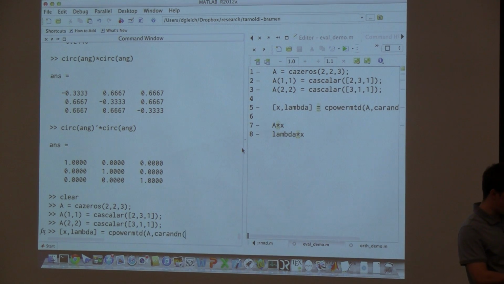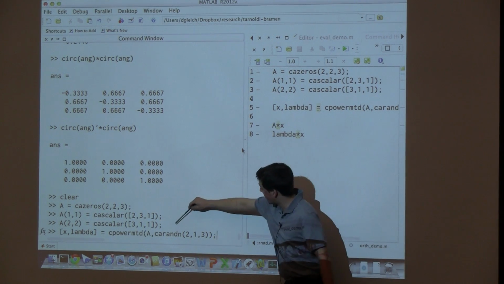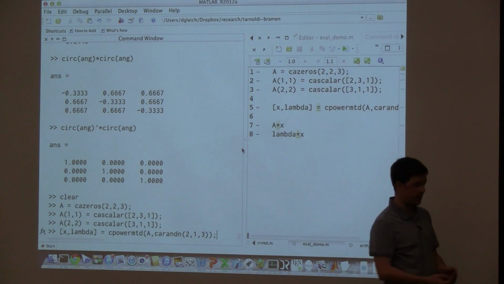We have random number generators done, so we're going to get a 2 by 1 by 3. So what we're going to do is run the power method starting with a random vector, 2, 2, 1, 3.